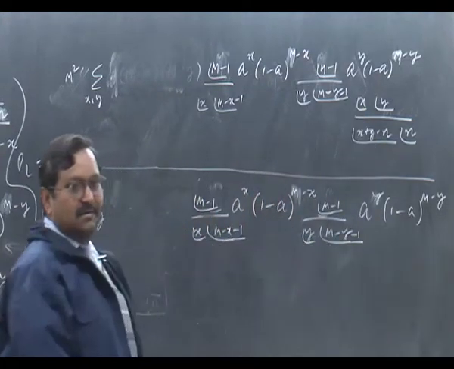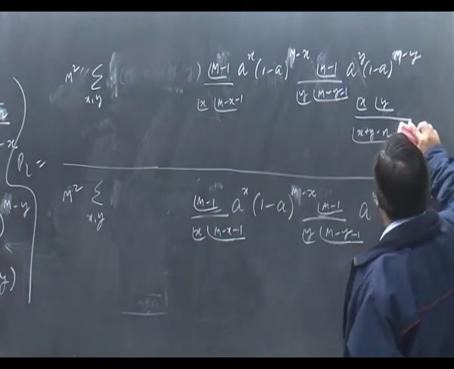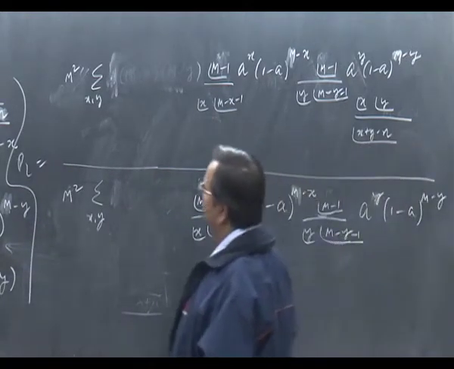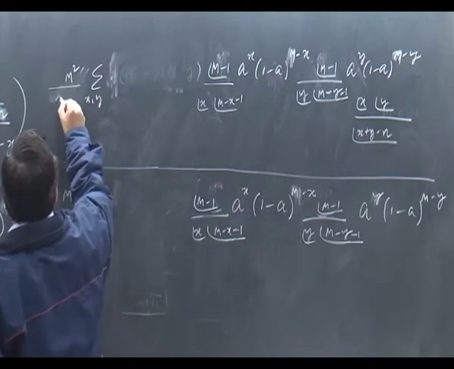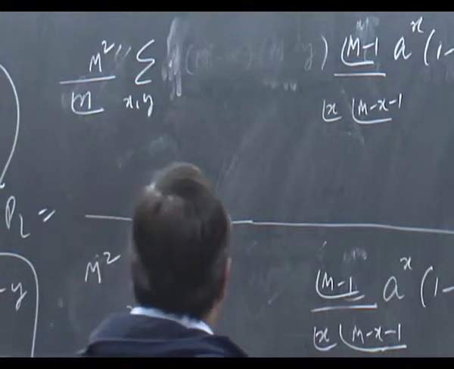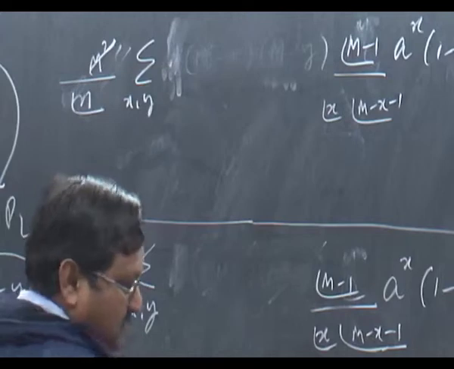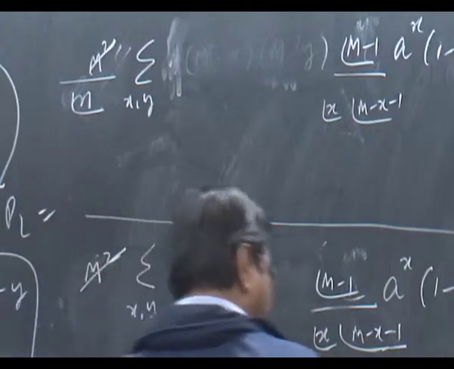This is fine. N factorial is independent of x and y, so this can be taken out. Okay. So m square cancels. I can remove this.